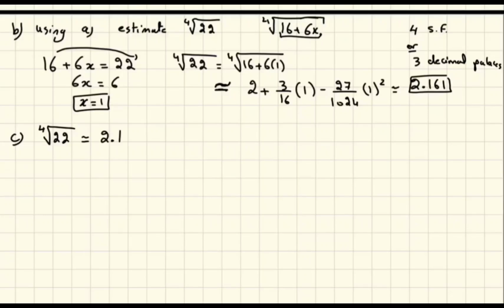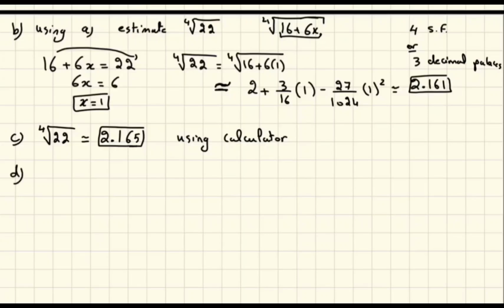So when you do it on the calculator, it will be 2.165. So this is the estimation using calculator actually. I'm not going to call it exact. So using calculator.